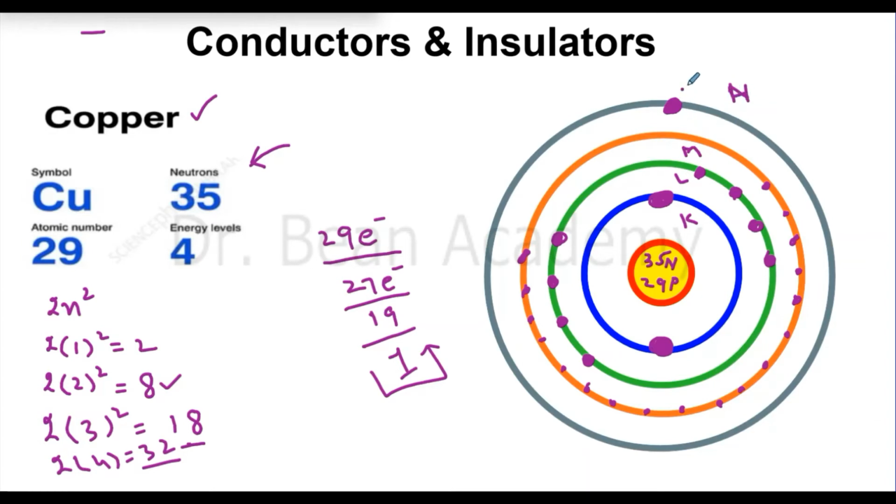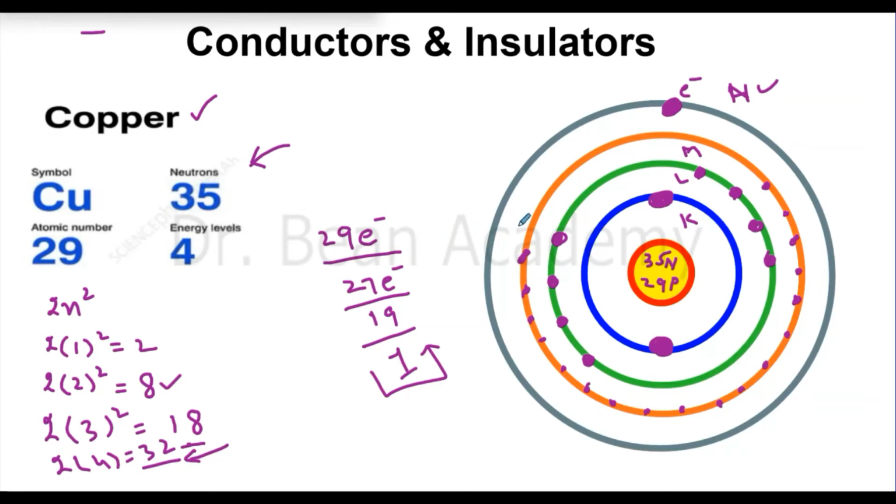So I have only 1 electron for the N orbit, although the recommended scheme says there should be 32 electrons in the outermost shell of this copper atom. So in the N shell I am left with only 1, so I have no choice but to place 1 electron in the outermost shell.